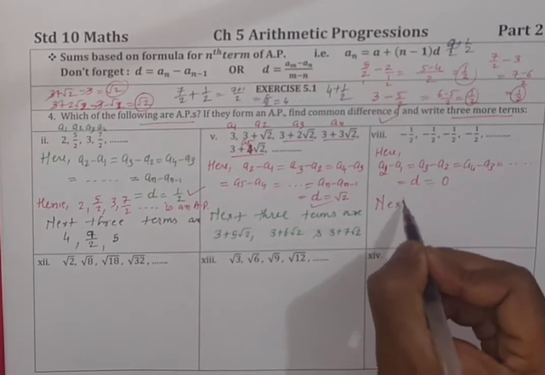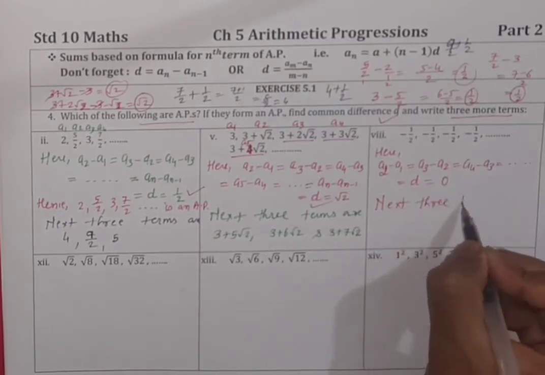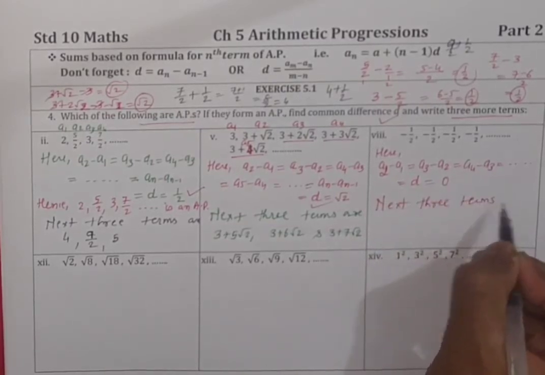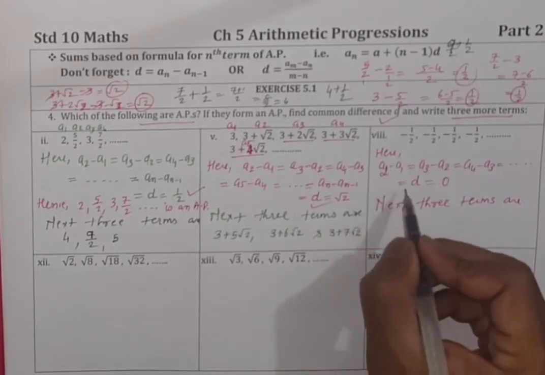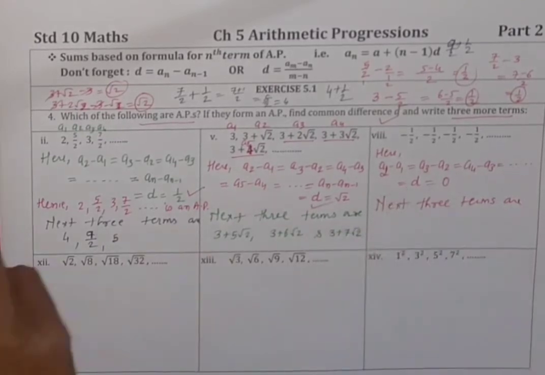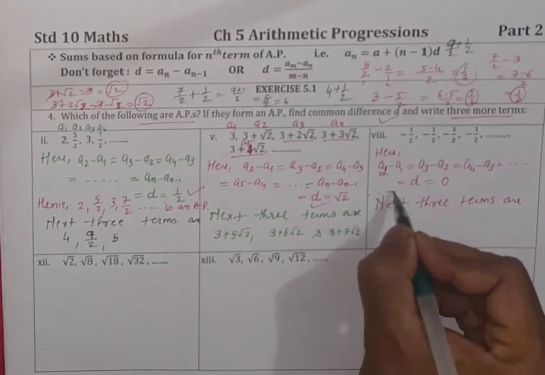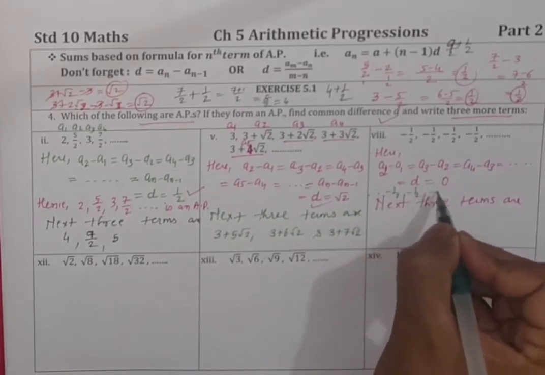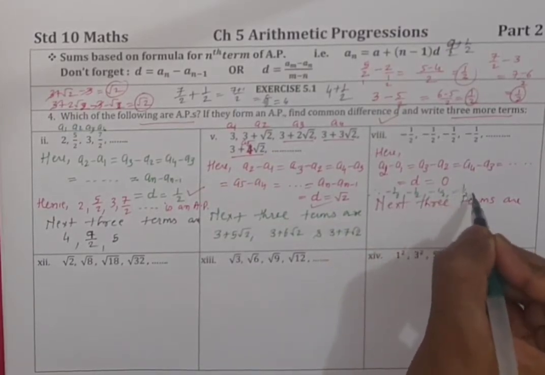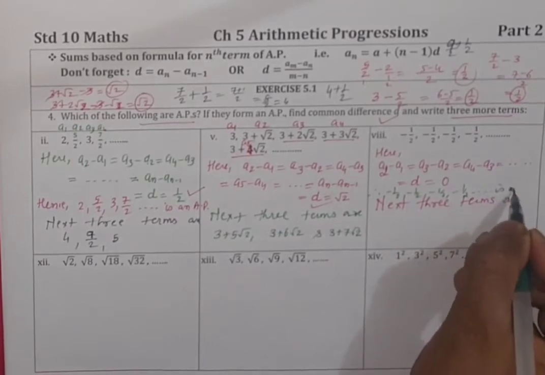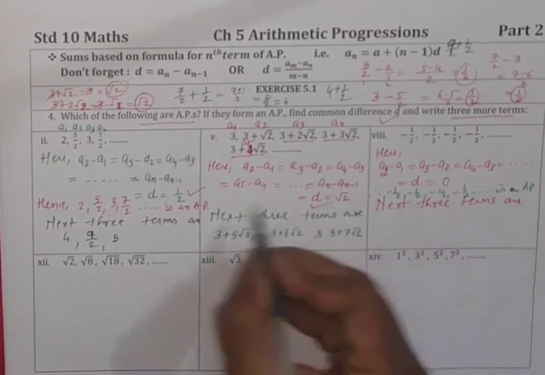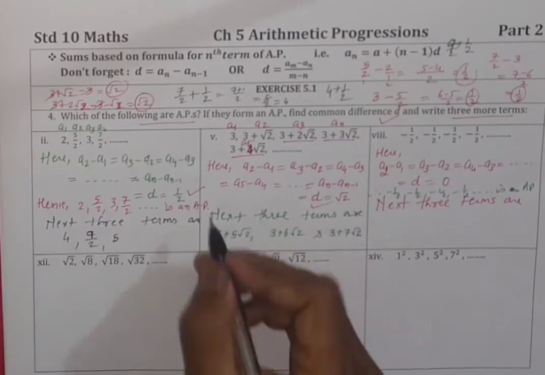Next 3 terms are okay, यहां लिखना चाहिए ना हमें. Hence minus half, minus half, minus half, minus half dot dot dot is an AP. वैसे यहां भी लिखना होगा.